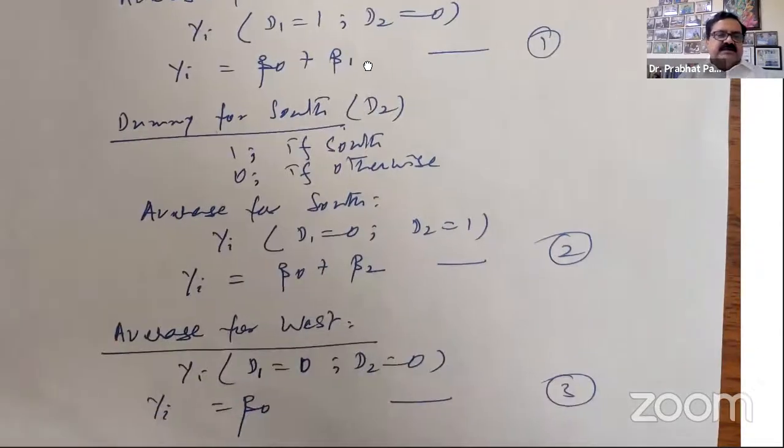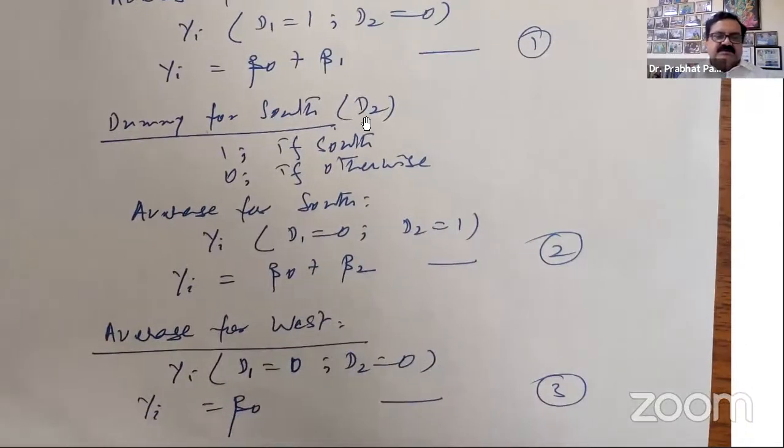Likewise, if you are creating the dummy for the south, that is D2, we'll put 1 for the south and 0 for the other two regions. In that case, the expected value of y, that is the average for y, will be when we put D1 equal to 0 and D2 equal to 1.